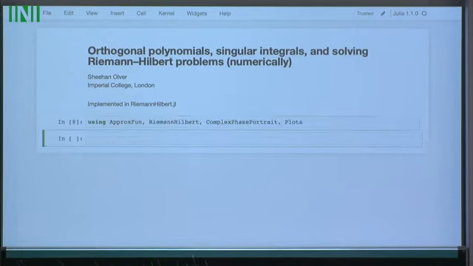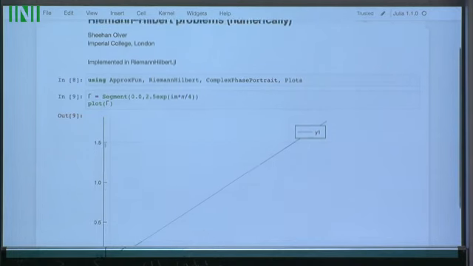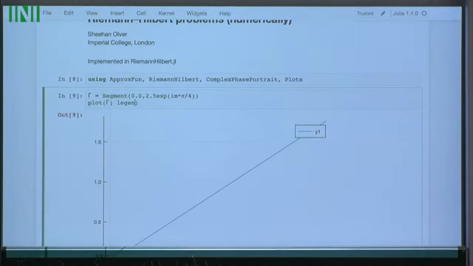So here I'm just loading the packages. The first step is to set up our contour. The true problem has infinite rays, but because of the exponential term, the jump exponentially converges to the identity, so it turns out we can truncate it. So we're going to actually use finite segments, which we truncate at 2.5. I'll plot these as I add them. There's one segment.